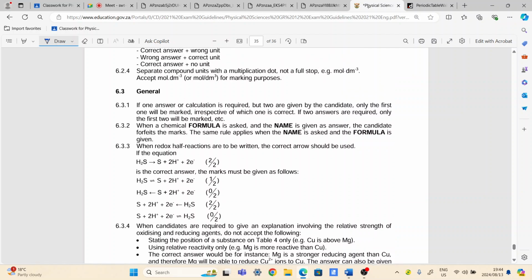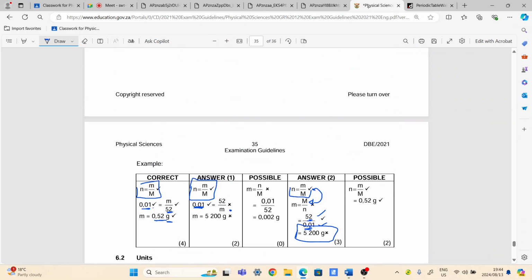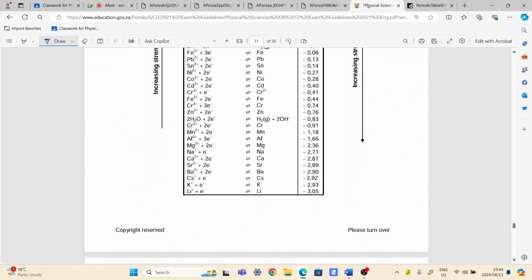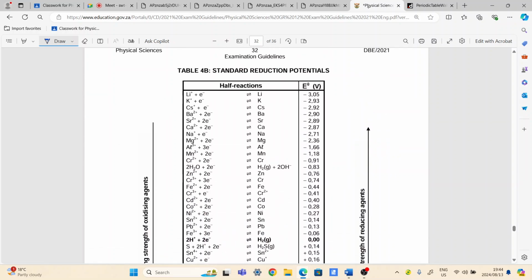It's similar for chemistry. You must write the formula down correctly. For example, with that reduction potential, what is it called? Standard reduction potentials, yeah. You see how in this thing there is an arrow that points both ways, right?